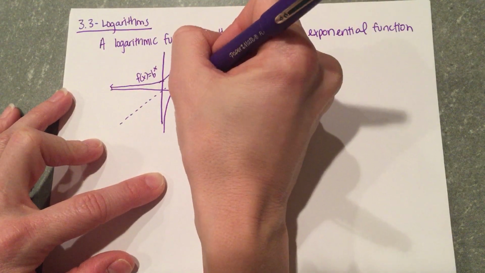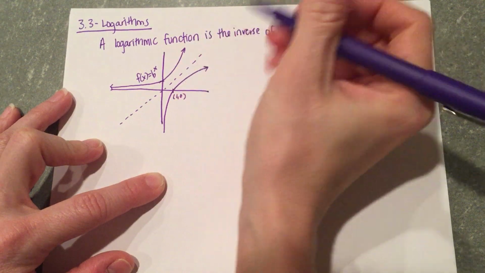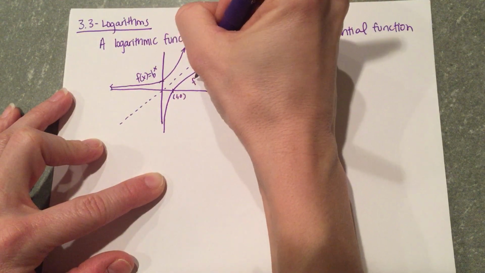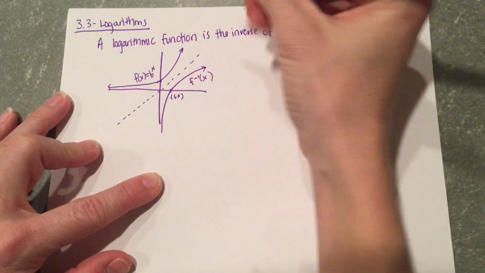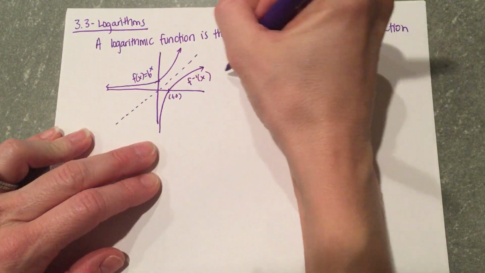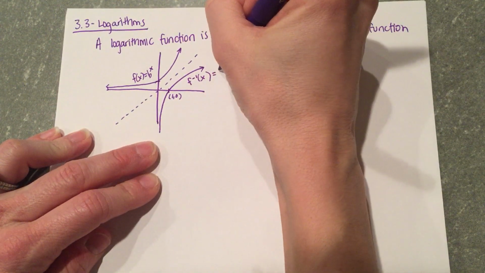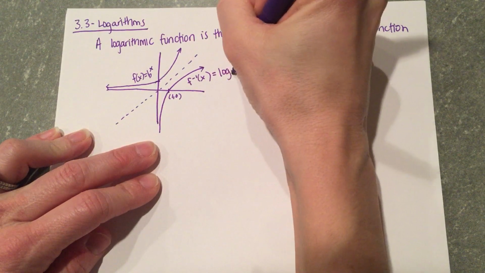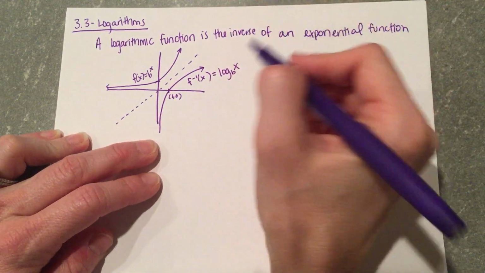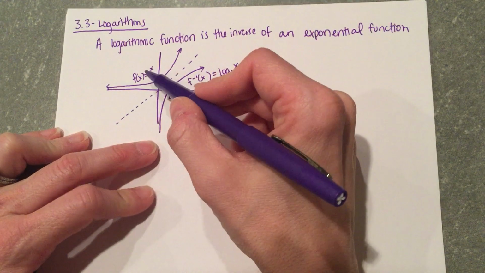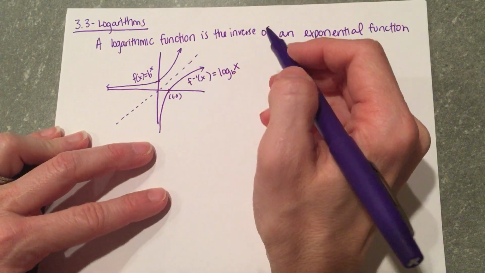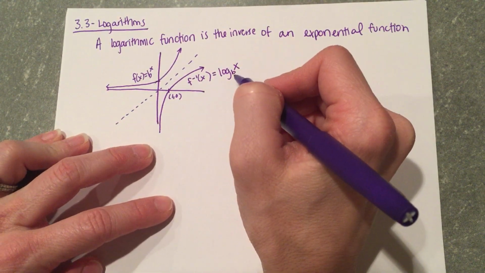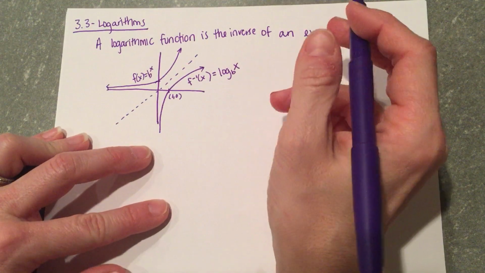And it goes through this point, which is 1, 0. So this would be f inverse of x. So I'm going to use that f to the negative 1 notation for the inverse would equal log base b of x. So notice that b is the base in both the exponential function and the log function. But with logs, we write the base kind of as a subscript after the word log.